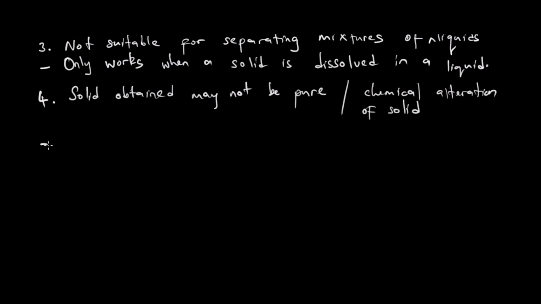And what do we mean by this? Impurities may remain with the solid. That's what we mean. Saka panogona kuitika a chemical change of the solid, and a chemical alteration of the solid.